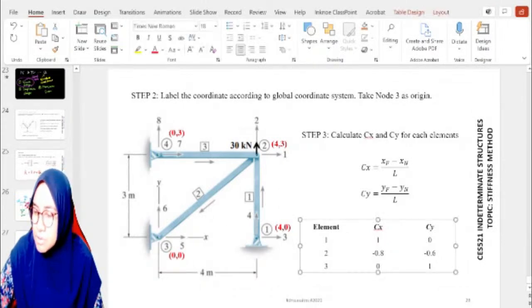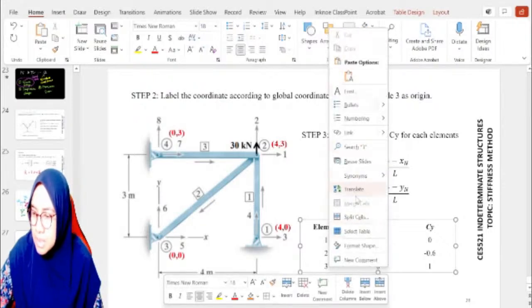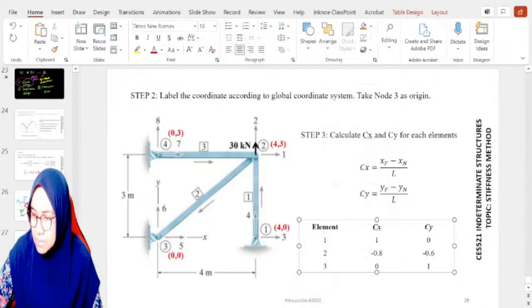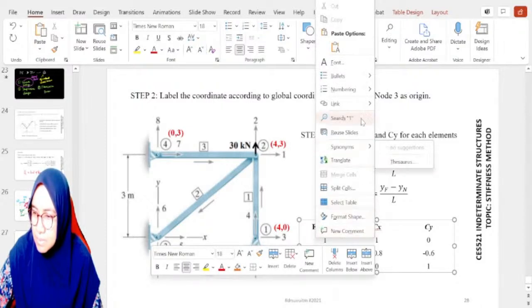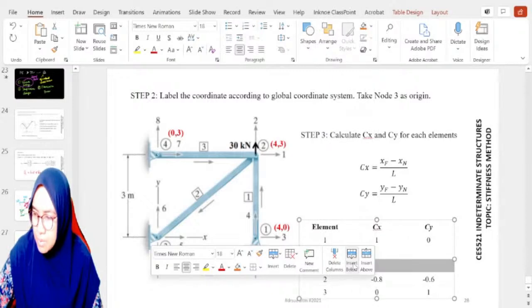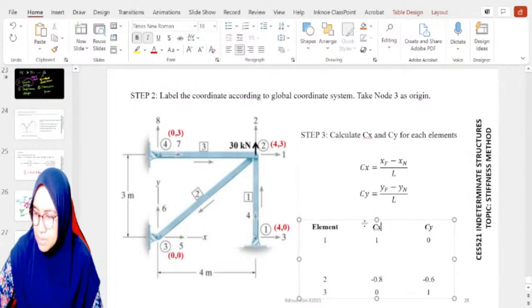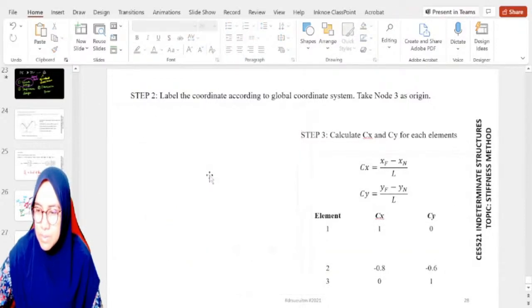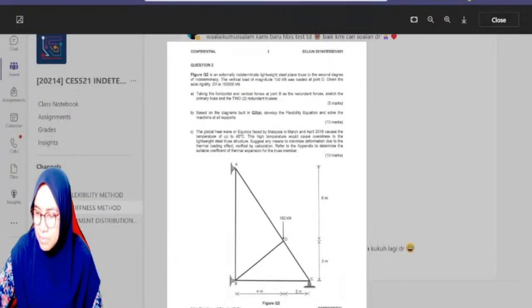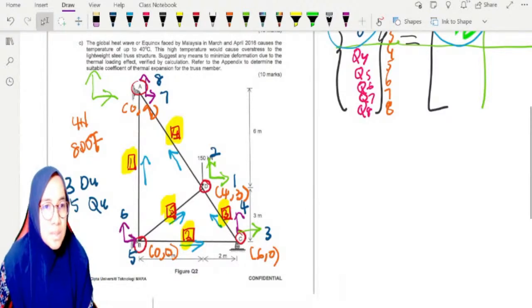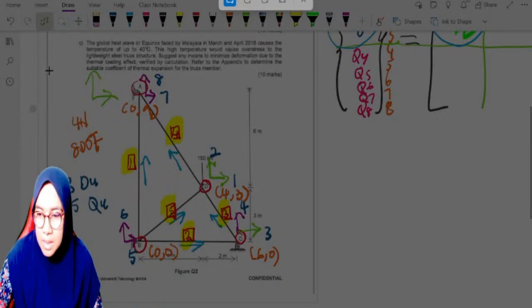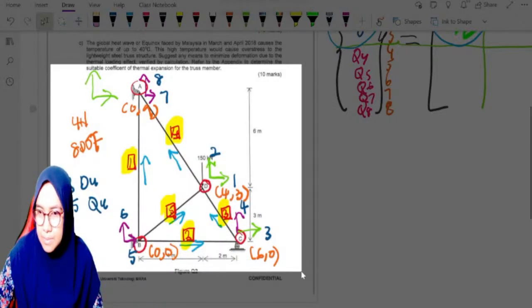We have 5 elements, so I need to insert another one below.